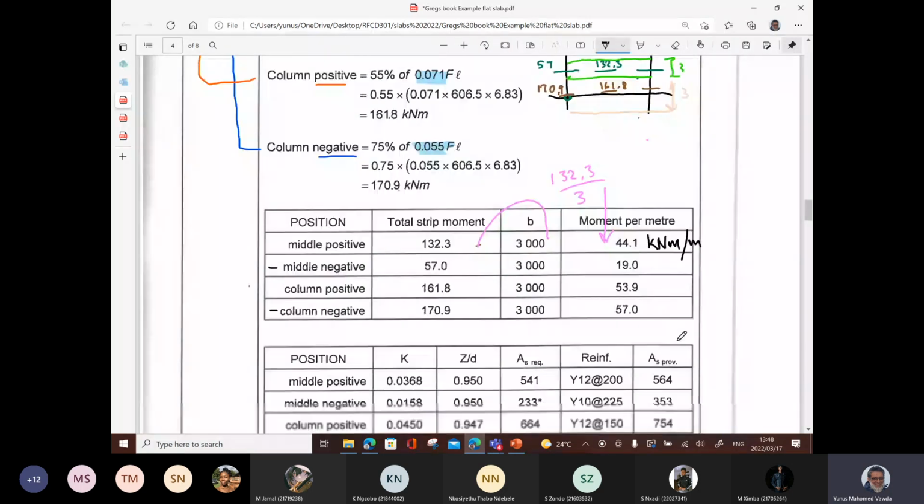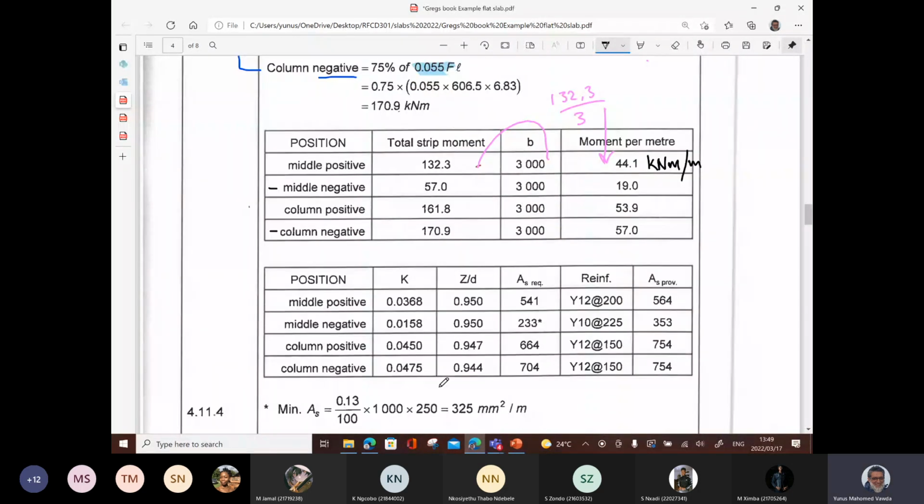Take the K value, and you notice K 0.368, 0.158, 0.45, 0.47. What's the limit for a singly reinforced section? What is K prime?